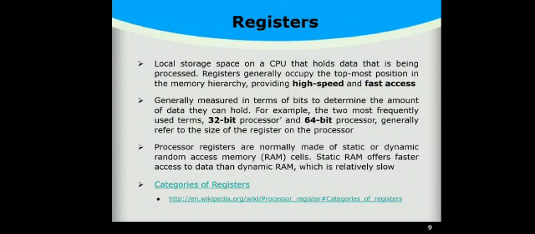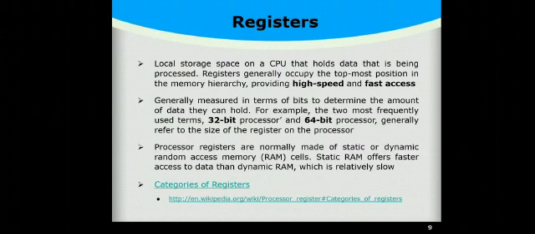We know already that operating systems are present in 32-bit and 64-bit variants. What is the meaning of this? A 32-bit operating system will be processed with a 32-bit processor, and a 64-bit operating system with a 64-bit processor.